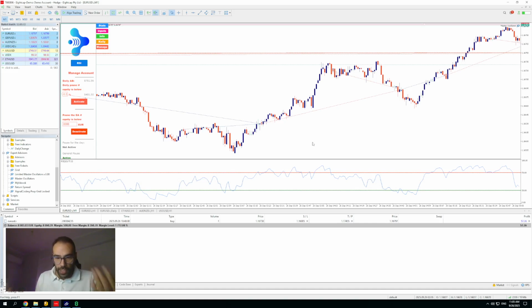Obviously, the more trades that you add in one direction, the more the risk that you take. And this is why this strategy is very good, very profitable, I would say, in times when you know that the market is going to be quiet.